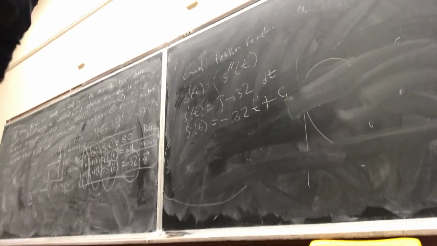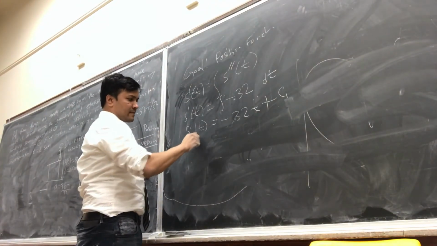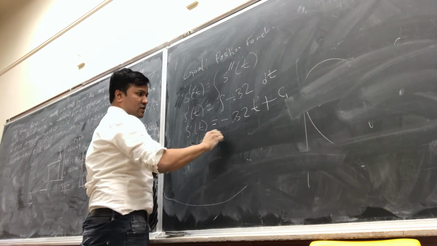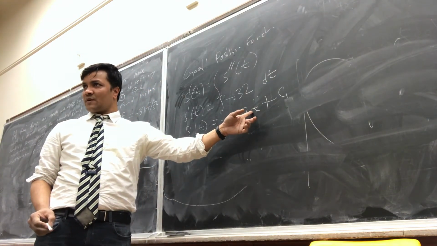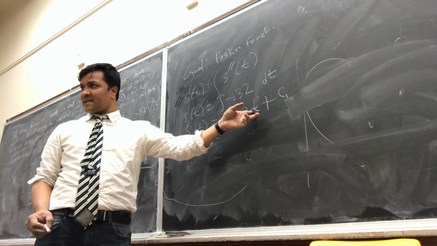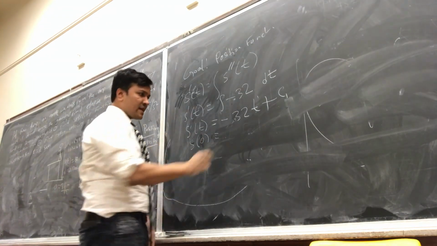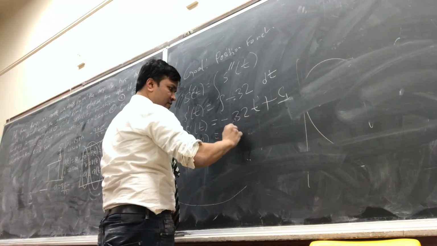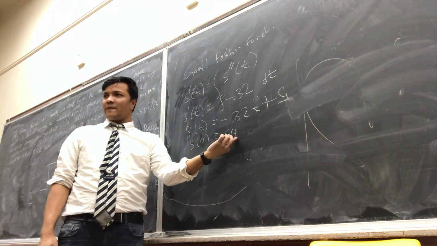So that's what we have to find. When t was 0, I applied 64, right? Does that make sense? So when t was 0, I applied some force, and that was 64. So then this is c1, right?